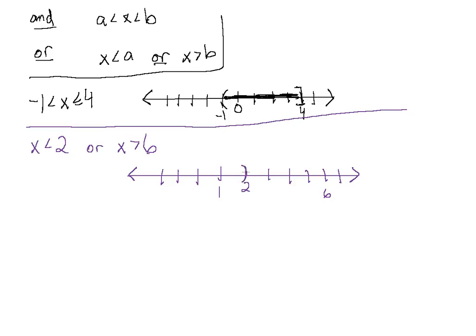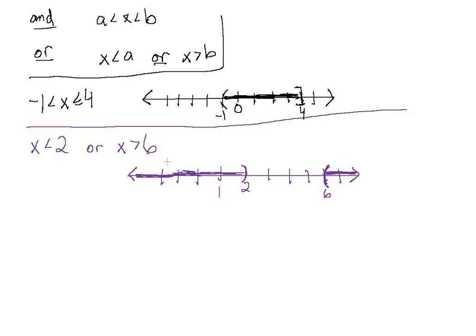Without including 2, we put a parenthesis opening to the left, and we shade to the left. We want all these values to represent this inequality. This part of the compound inequality is all the values of x that are greater than 6. So this is going to have an open parenthesis to the right, because we're not including the 6. We're including all the values to the right of 6.